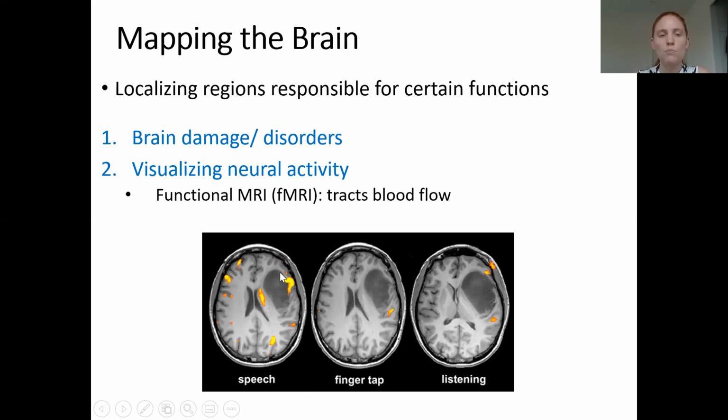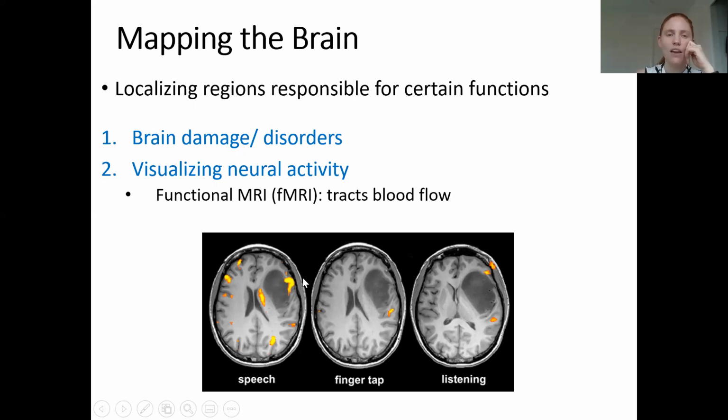And what they noticed is that people who have damage to this one particular spot all have the same general types of symptoms. They're able to understand thought. Some people are even able to write down thought, but they are physically unable to verbalize their thought. So it affects specifically speech. If everyone who has damage to that particular part is unable to form words, then that area must be related to forming words, right?